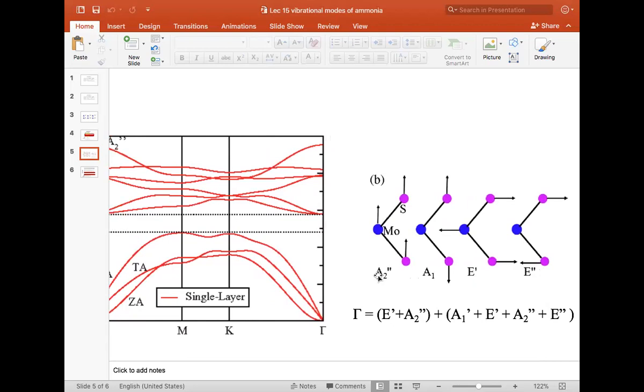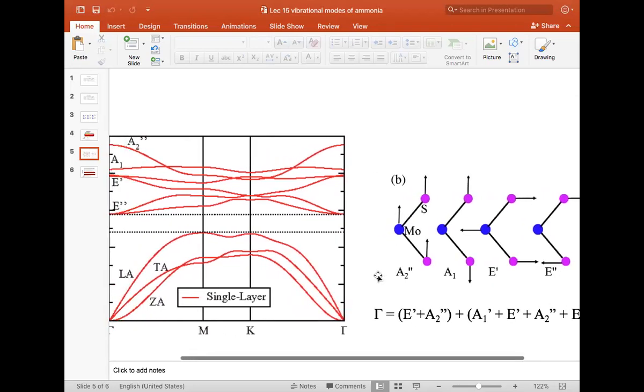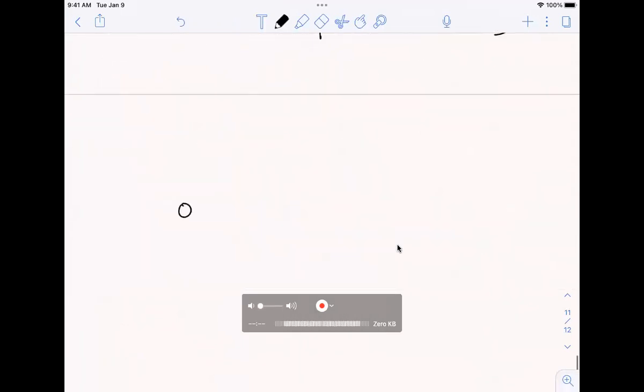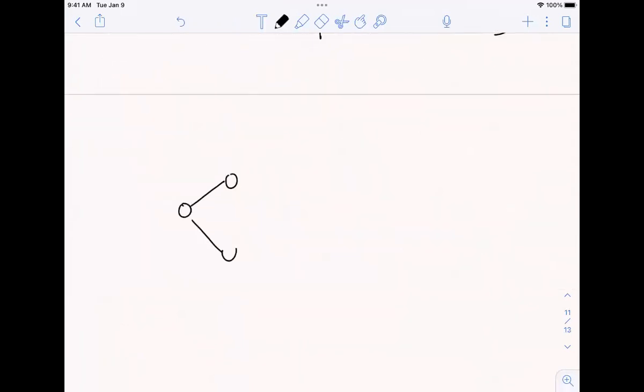I think this one should point down. Yeah, I think the mode should be like this. You can already see this goes up and then this goes down. This still has the Z representation, because you flip it, they all become negative.